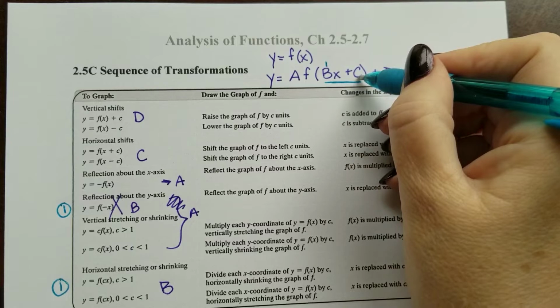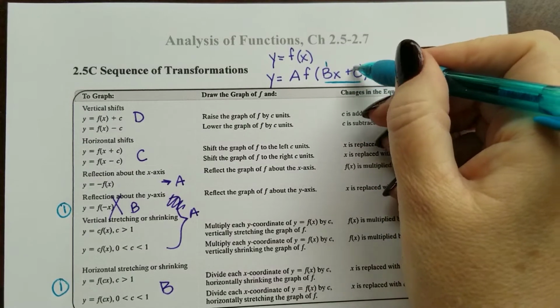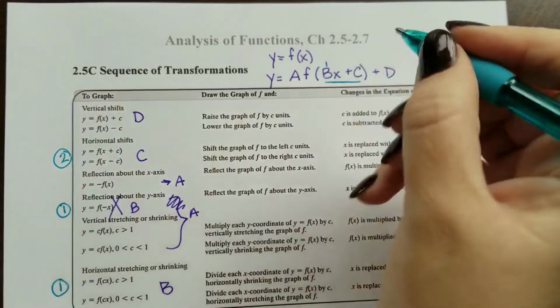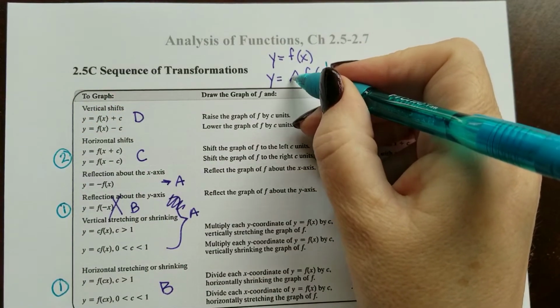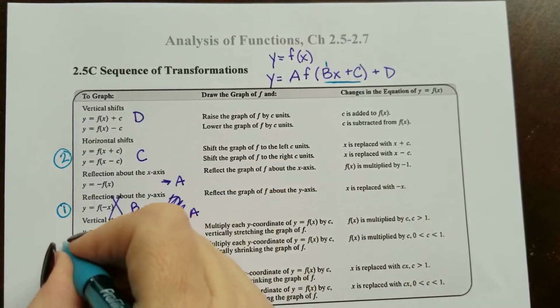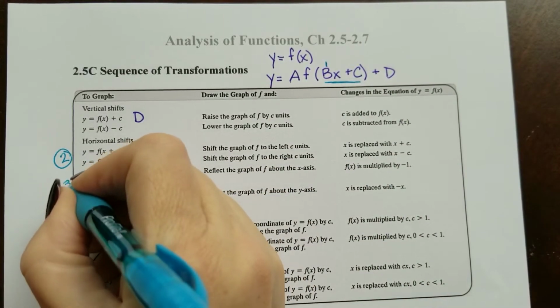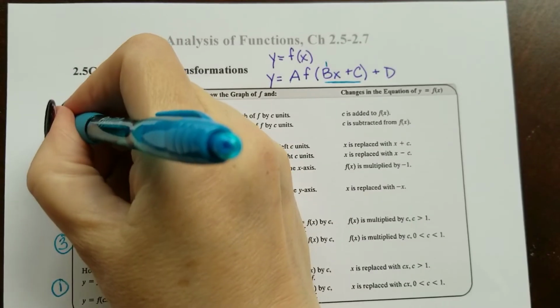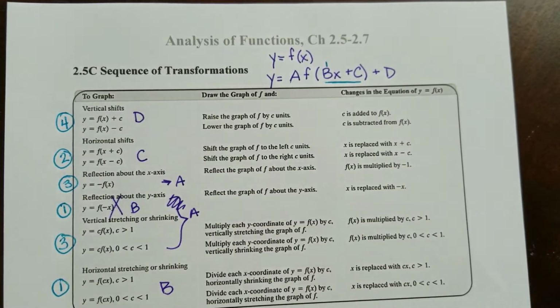Then we're going to add our c inside the parentheses, which is the horizontal shift. And then we're going to take this reflection or the stretching that's vertical, and that's going to be the third thing that we do. And then the very last thing we're going to do is that vertical shift.